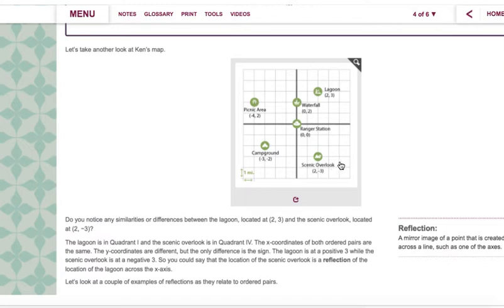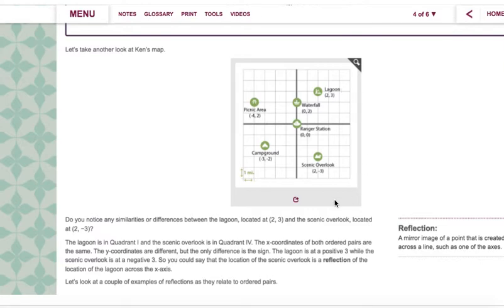The x-coordinates of both ordered pairs are the same. So the lagoon is 2, the scenic overlook is 2. The y-coordinates are different, but the only difference is the sign. This one's positive, this one's negative. The lagoon is at a positive 3, while the scenic overlook is at a negative 3.